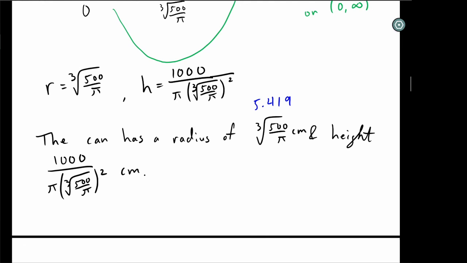And then the other one, 1,000 over pi times this quantity squared. So the height is about 10.839.